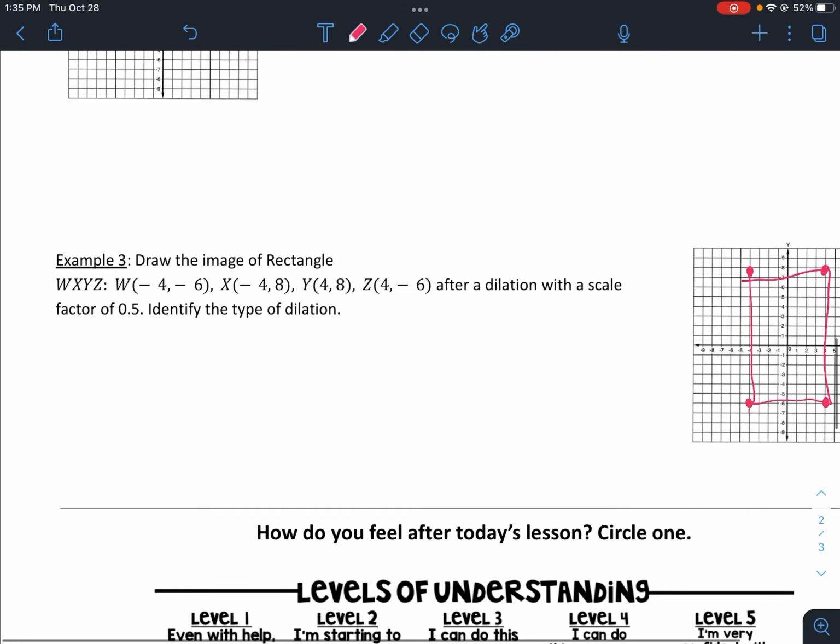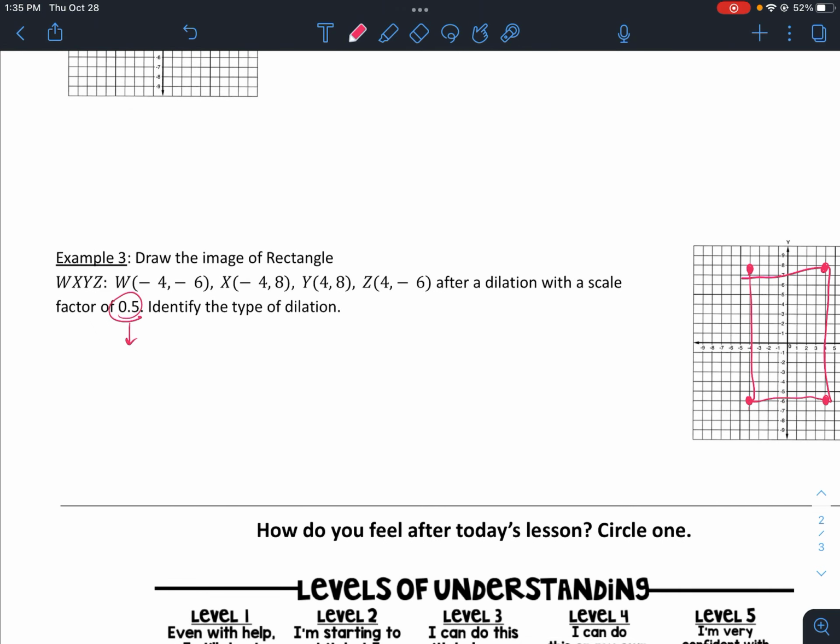So scale factor is 0.5. This is less than 1. It should technically get smaller, or this is called a reduction. Let's double check our math to see if that works. So I'm going to multiply each term by 0.5.